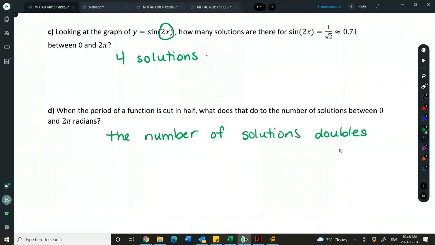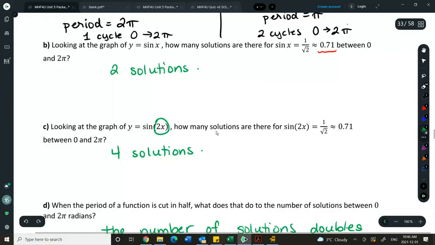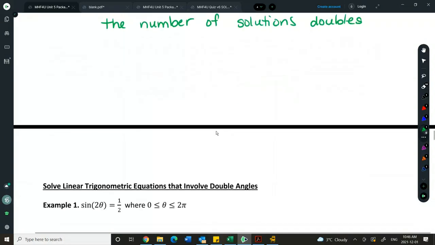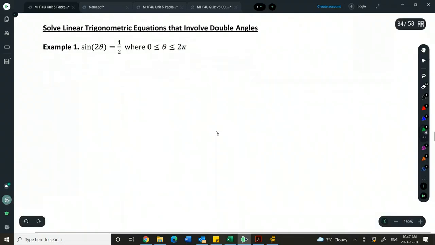If I have a 2 in there, I'd be looking for double the amount of solutions as when I just have an x. If I have a 3x in there, I'll have triple the amount of solutions. If I have a 4x, I'll have quadruple the amount of solutions, and so on, because I have more cycles in between 0 and 2 pi. So that's the idea. We're going to use that in our solving today.